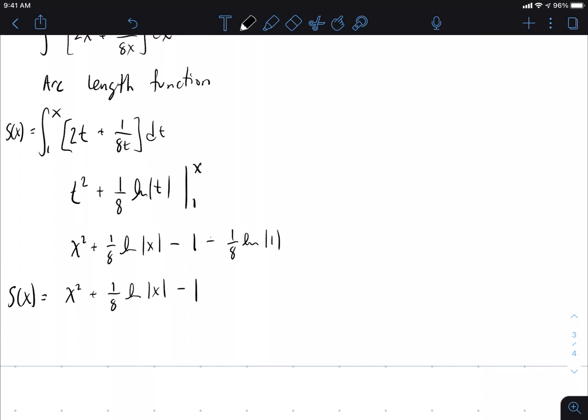Okay, this s of x function is our arc length function from 1 to whatever our x value is. Does that make sense?